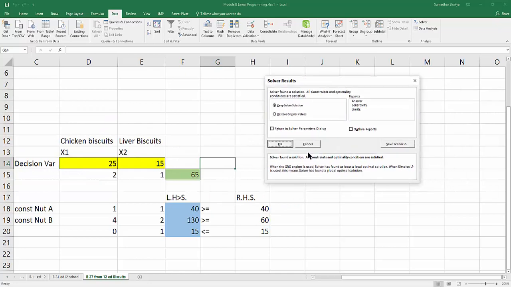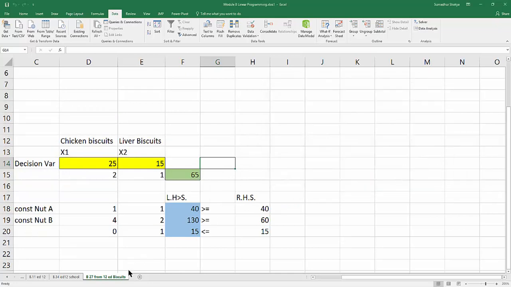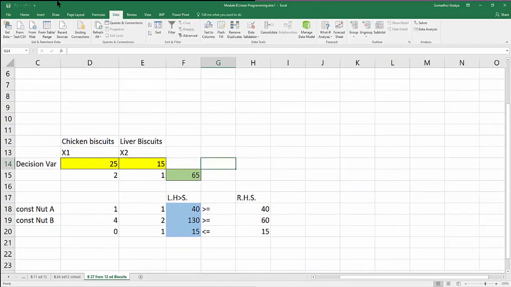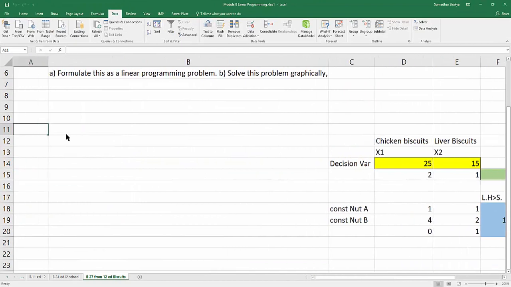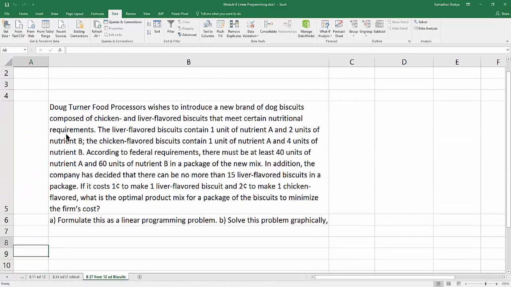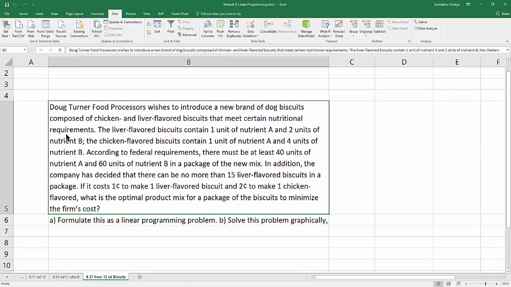Now one thing I noticed is that I forgot to give this a name, so let's see what the condition name was. The condition name was, let's say, there can be no more than 15 liver biscuits.